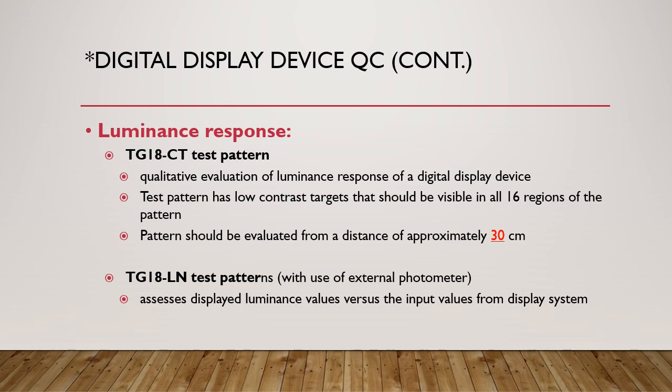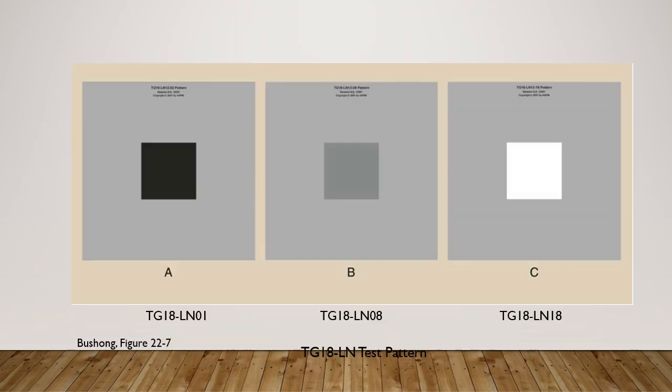The TG18LN test pattern, which can be used with an external photometer, is going to assess displayed luminance values versus the input values from the display system. And this is a picture of the TG18CT test pattern. And this is a picture of the TG18LN test pattern.